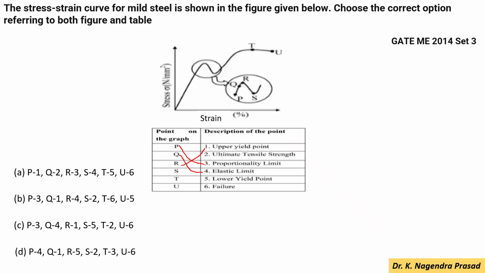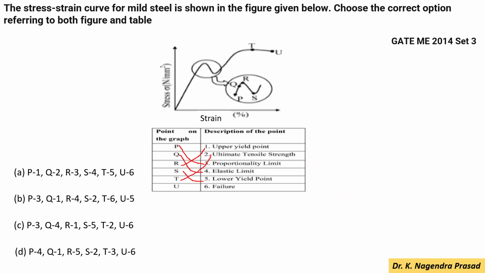Then after that, the next point is the lower yield point. So S is the lower yield point, so S is the fifth one. Then T represents the ultimate tensile strength. So T goes to the ultimate tensile strength. And the last point is the breaking point or fracture point.